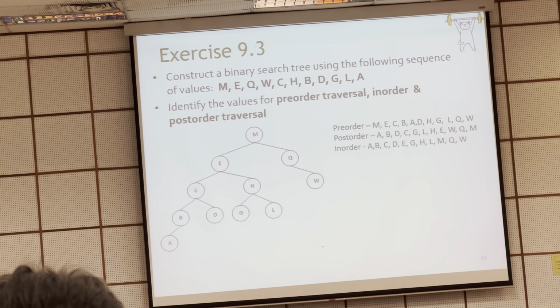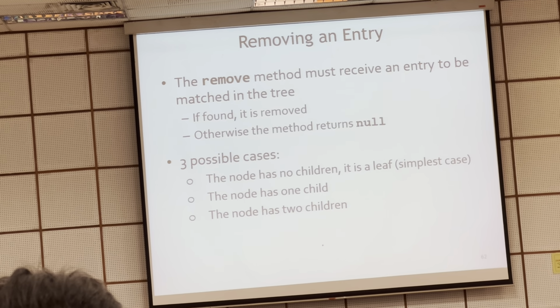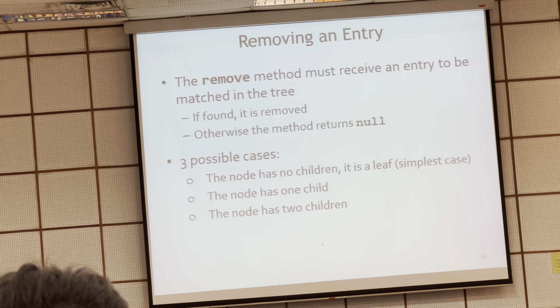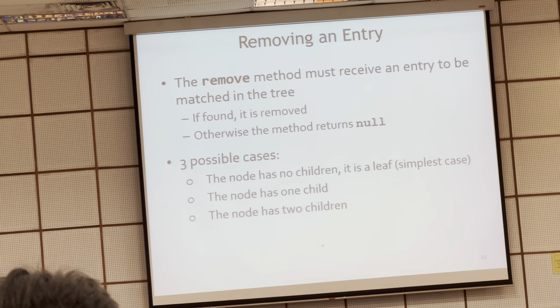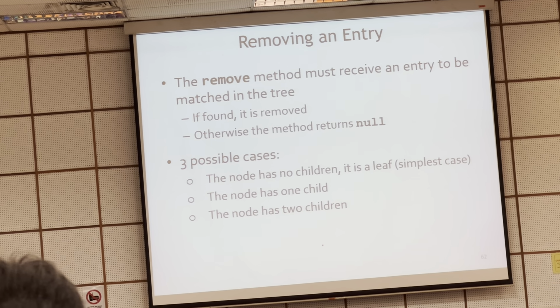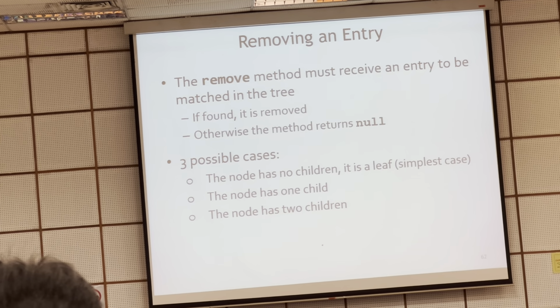Alright, now the next thing that I want to go through is to remove entries. Earlier we learned how to add, okay? Now we want to remove. To remove, there are three possible cases you will come across, right?